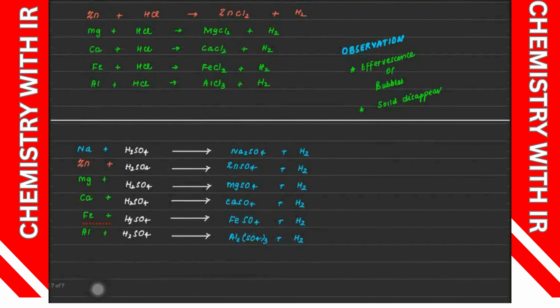And whenever your acid is sulfuric acid, H2SO4, the salt would be sulfate: sodium sulfate, zinc sulfate, magnesium sulfate, calcium sulfate, iron sulfate, aluminium sulfate.